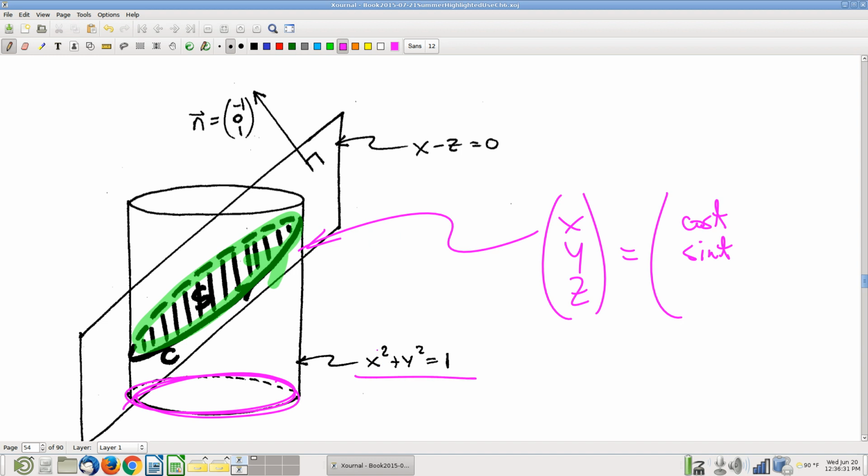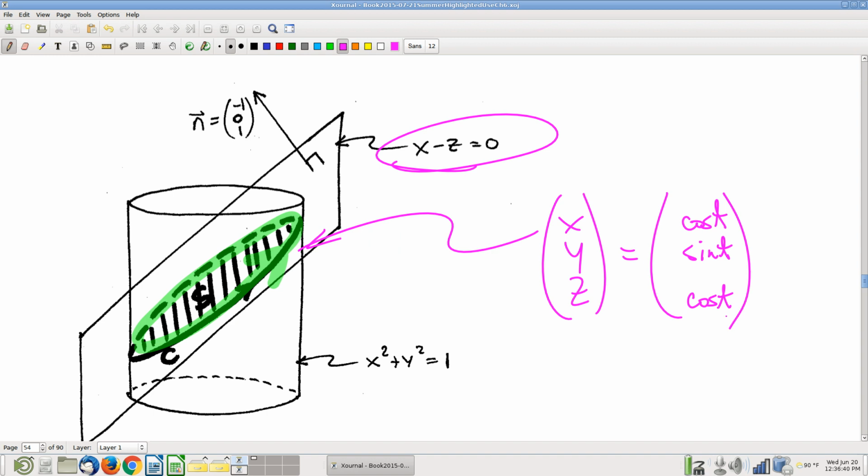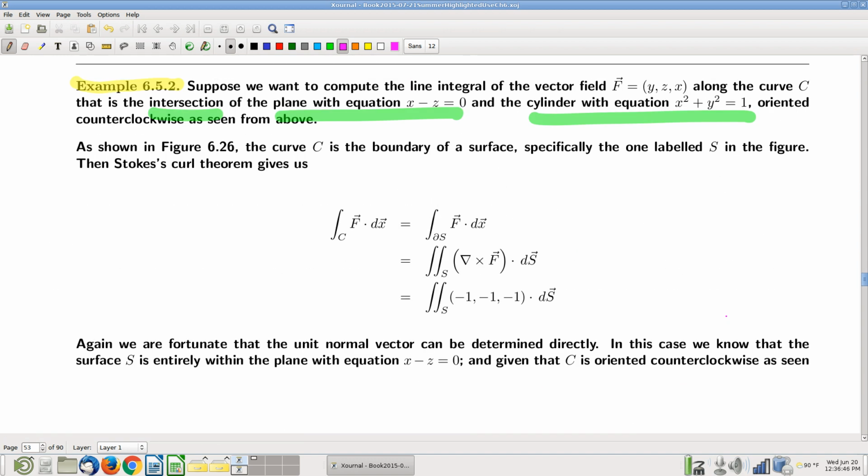That's not hard to parameterize. And notice that this tells me x is equal to z. So you could take that parameterization, plug in, and crank on this line integral. You can totally do that. So let me show you the alternative. It works out pretty nicely in this case.